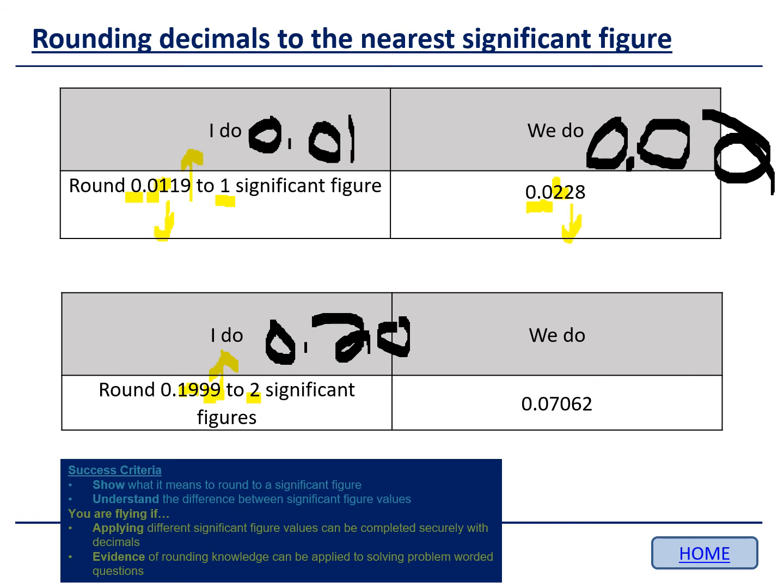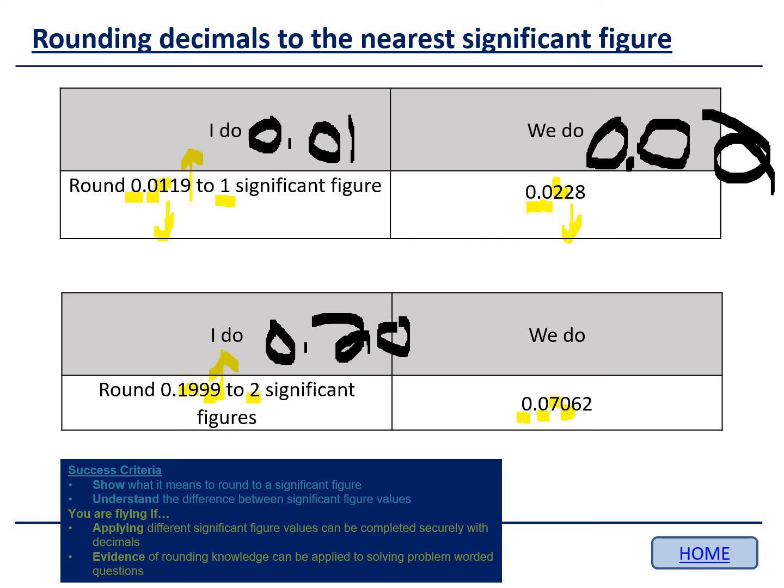Make sure we're doing these properly, pausing the videos and going from there. Okay, you know what to do. 2 significant figures. Looking at the 7, that's the first significant figure. The second significant figure, because we have got a number here, is this 0. So we have to look ahead and we see a 6 in the thousandths and a 2 in the ten thousandths column.